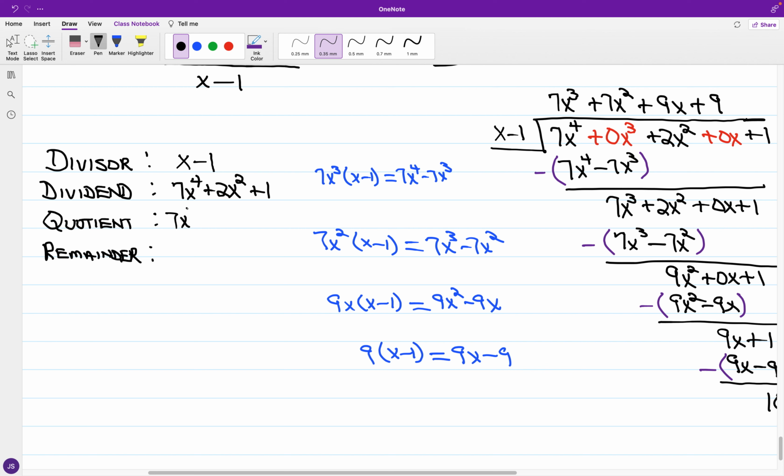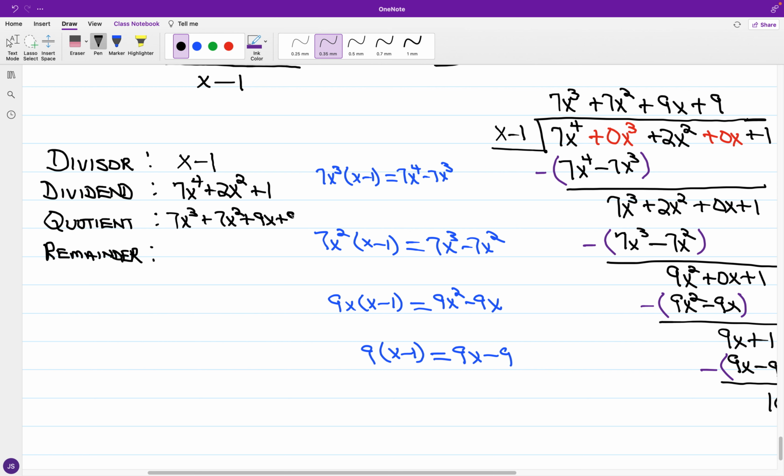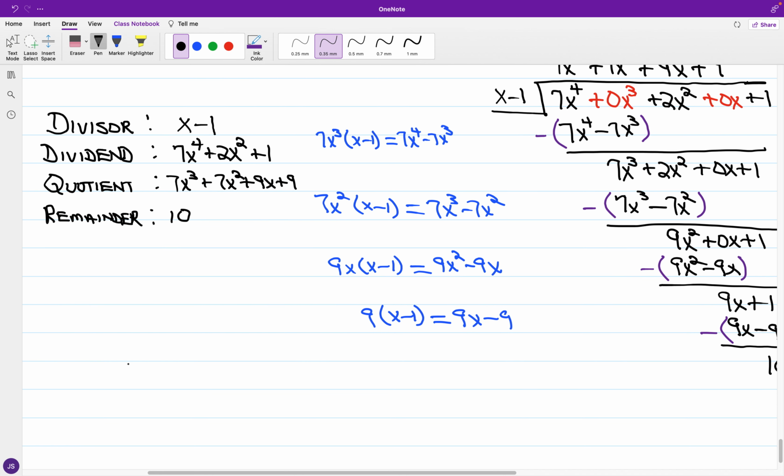Okay, so just looking at what we have now, the quotient. Again, we have this cubic expression, so you have 7x cubed plus 7x squared plus 9x plus 9. And we have that the remainder is going to be 10.